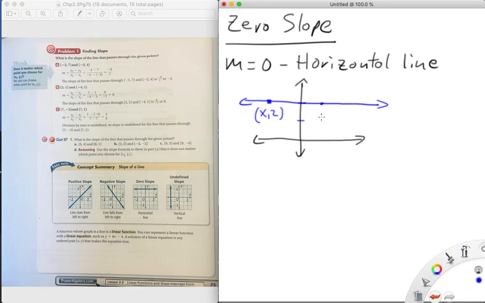This would be x2, 2. Your y never changes. This would be x3, 2. So when we write the equation for a horizontal line, since the y never changes, the equation would be written as y equals 2, because that's the point at which the y never changes when you do a horizontal line.